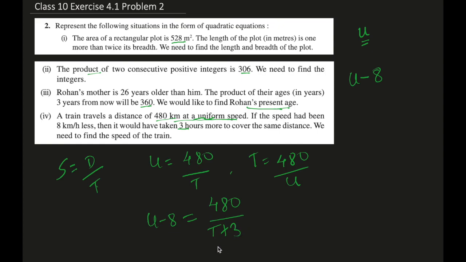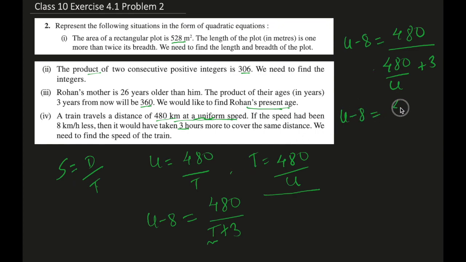So we know the value of t, that is 480 by u. We can substitute t here. So u minus 8 equals 480 upon t, which is 480 by u plus 3. So u minus 8 will be equal to 480 u divided by 480 plus 3 times u.